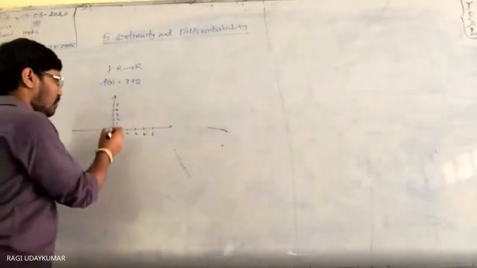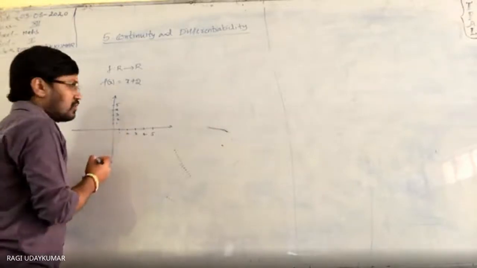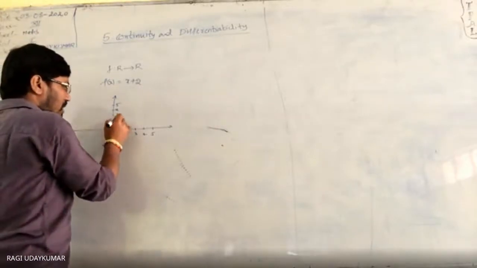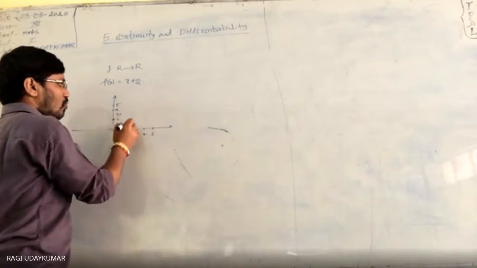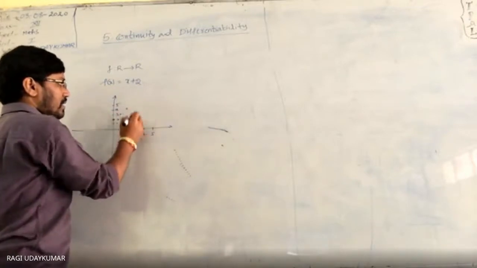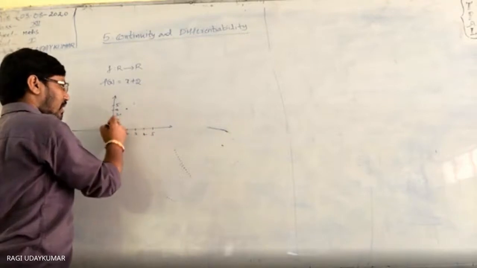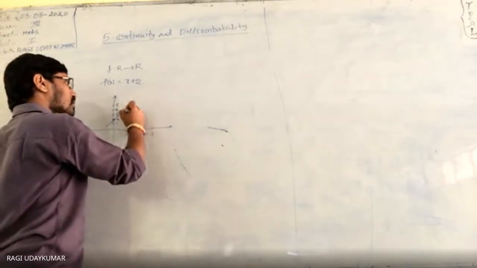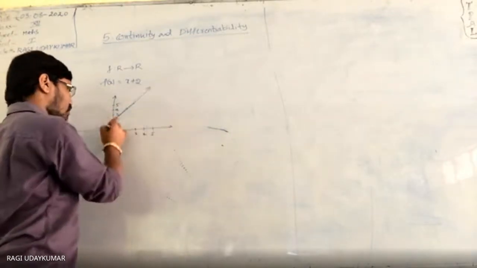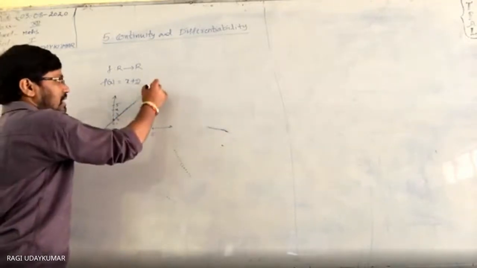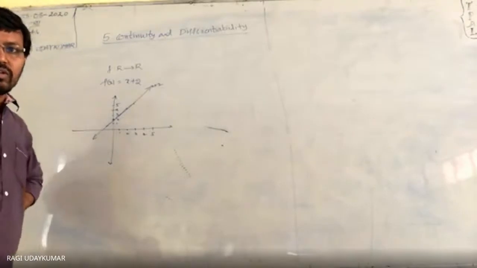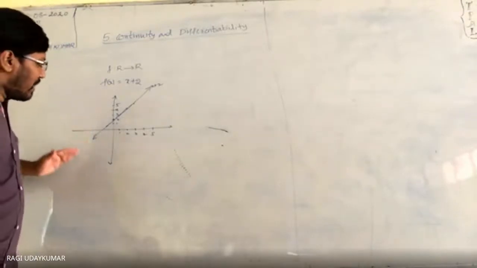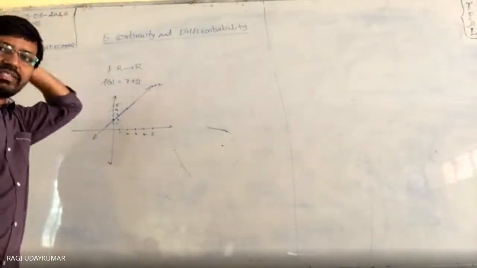If you take x as 0 it will be 2, 1 gives 3, 2 gives 4, 3 gives 5. And if you join this, this is the graph of the function f of x is equal to x plus 2. So now here the line's continuation is there.